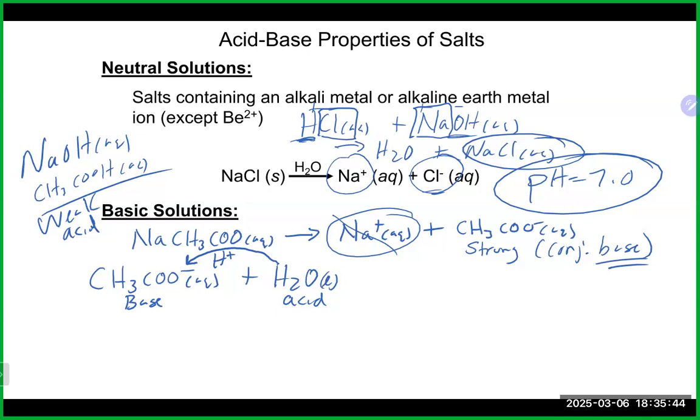And when it does that, it will always, 100% of the time, make where it came from. And it came from that. It's going to make that guy right there. So the salt, when it reacts with water, will always make where it came from. Now you may be asking, why am I emphasizing that?